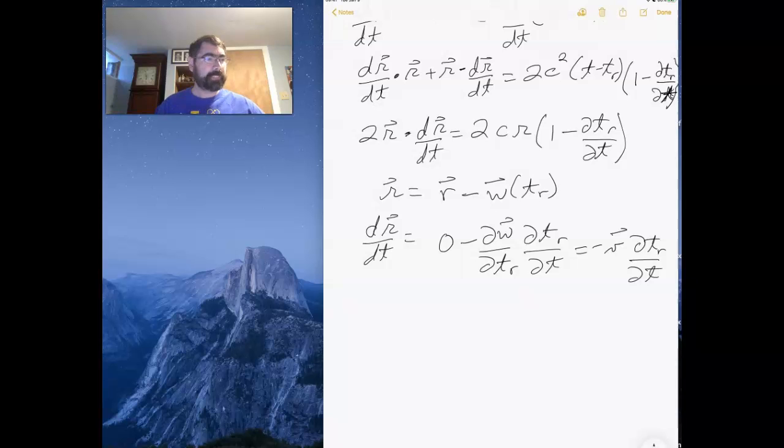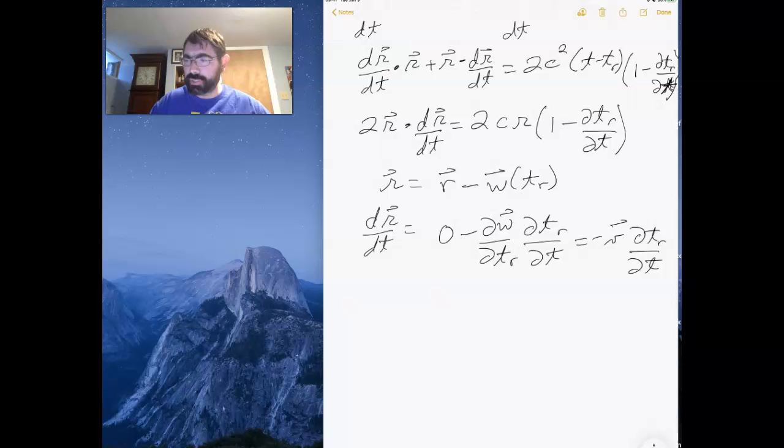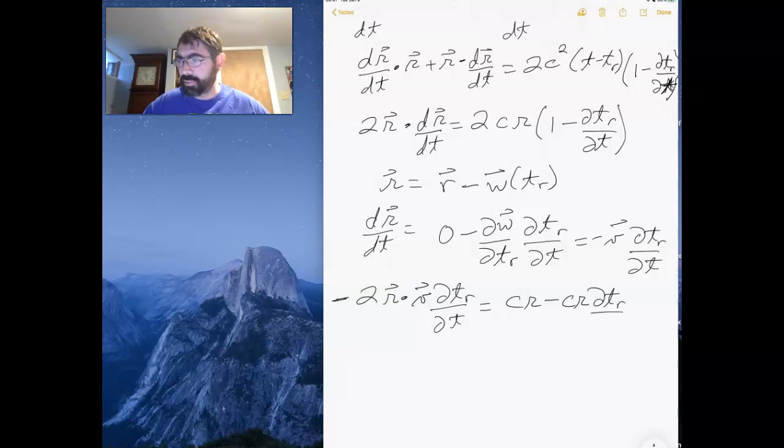Now if I put that into the previous equation, I get minus 2r dot v dt_r/dt, which is equal to cr minus cr dt_r/dt.